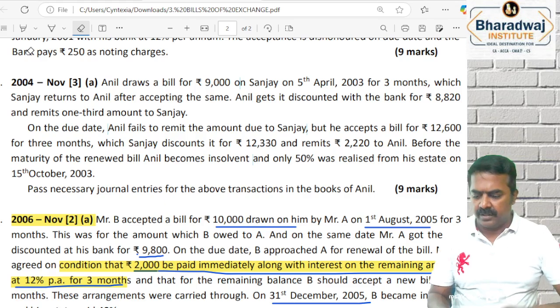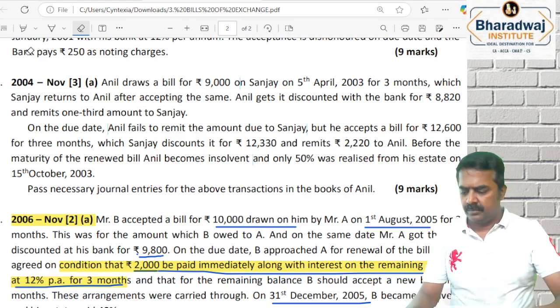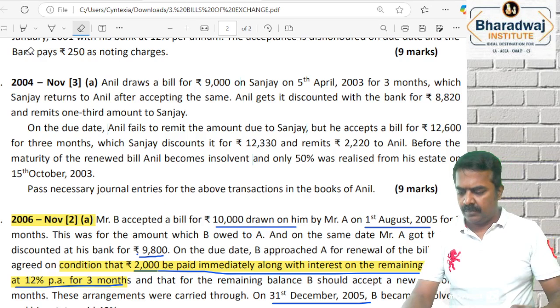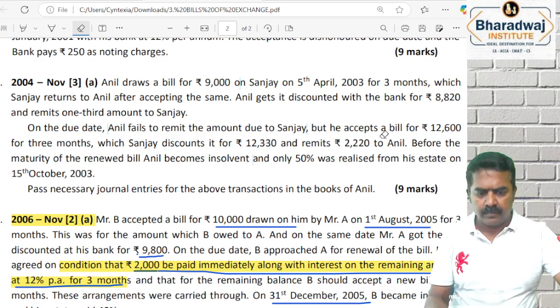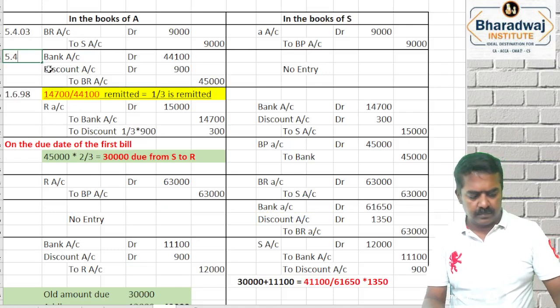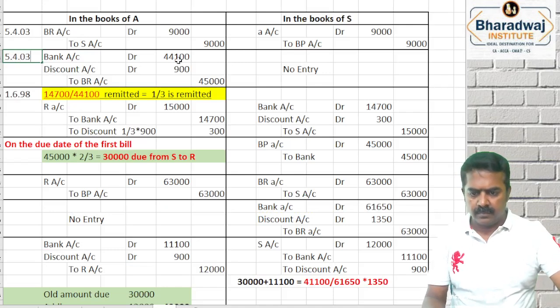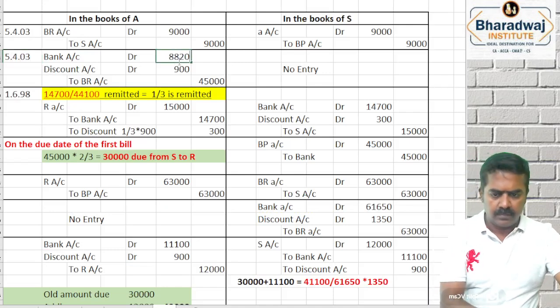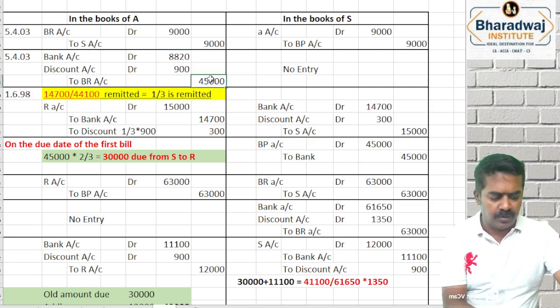Then it is discounted. 8,820. Discounting charges will be 180.